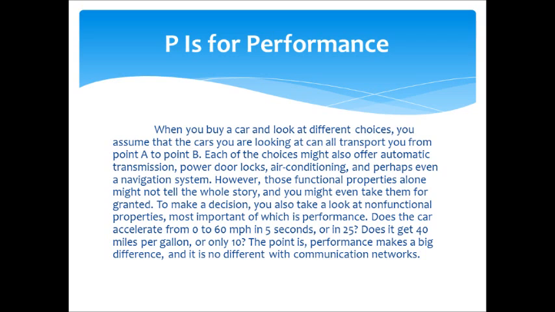However, those functional properties alone might not tell the whole story, and you might even take them for granted. To make a decision, you also need to take into account non-functional properties, the most important of which is performance. Does the car accelerate from 0 to 60 mph in 5 seconds or in 25?